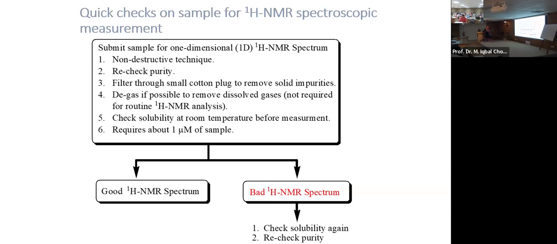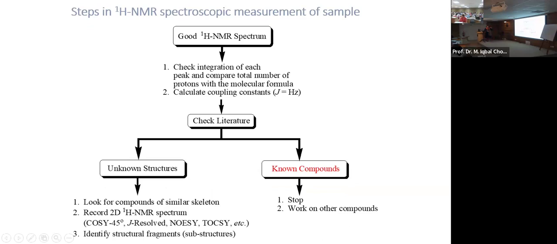It is very important: if you get a good NMR spectrum, then you can proceed further. If you get a bad NMR spectrum, you need to check the solubility and purity again. When you have a good spectrum, you can check the integration, compare it with your formula, calculate the J value, and check the literature. If it is a known compound, then you need to stop working.